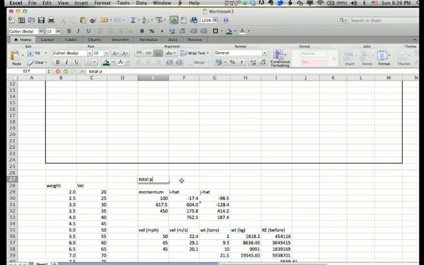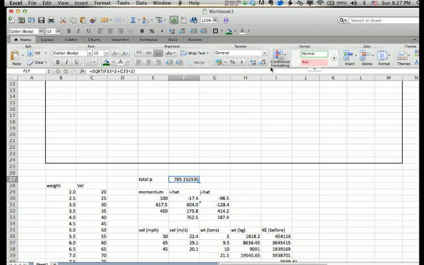So total momentum is going to be equal to the square root of I hat squared plus J hat squared, right? Pythagorean theorem. So a squared plus b squared equals c squared. And we're trying to figure out c, so it'll be the square root of that. So there's our total momentum.